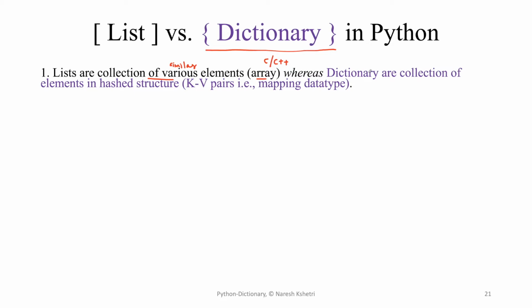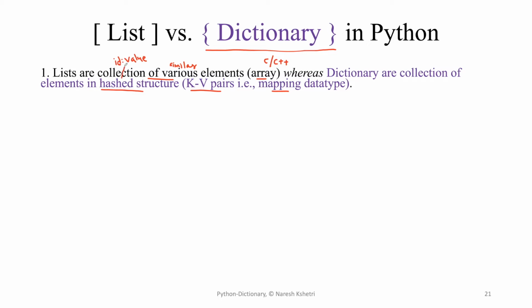But dictionary, on the other hand, is also a collection of elements, but they are of a hashed structure. Hashed structure means it's a sort of mapping data type. Generally, we call them key value pairs. So hashed means generally we have an ID and we have a value for that ID.